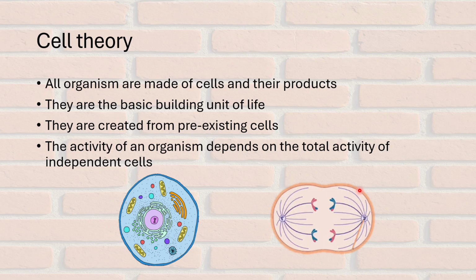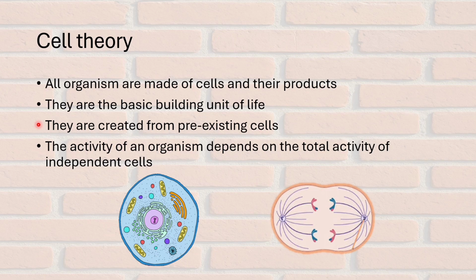You see the cell is going to be divided into half, and then it will be turned into two more cells. This was a single cell before. So they are created from pre-existing cells. That's why your nails grow and your hair grows, because every single cell in your nails and hair is created from a pre-existing cell.